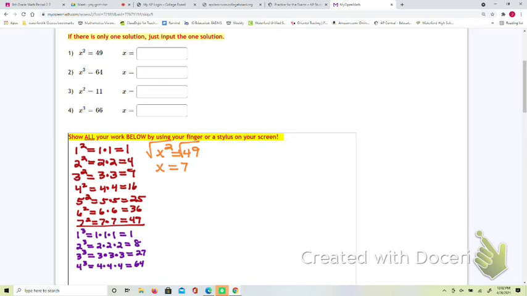I think my 9 does not look like a 9. I'm going to fix that. Do you remember 7 times 7 is 49, but so is -7 times -7. So in the answer box, you're going to type 7, -7.